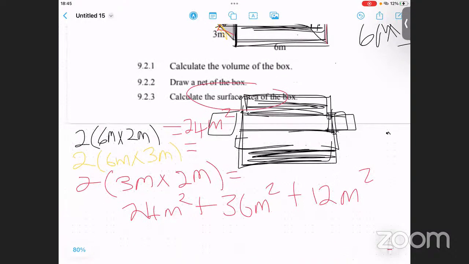Now that you have everything, you're going to add the answers. And this is 60, 72. Is it a 72? Yes, ma'am. Okay, so that means the surface area of the box is 72 meters squared. Okay, do we have any question?